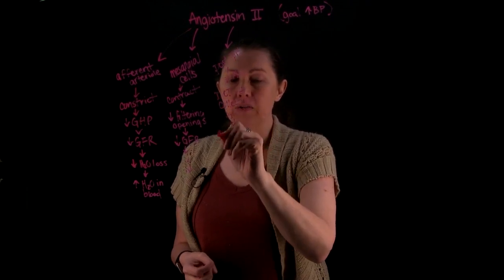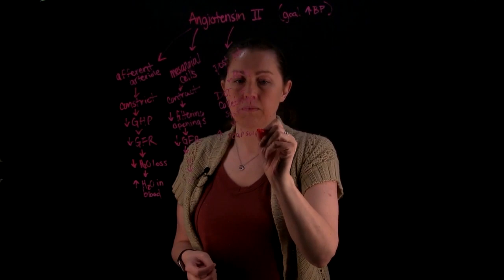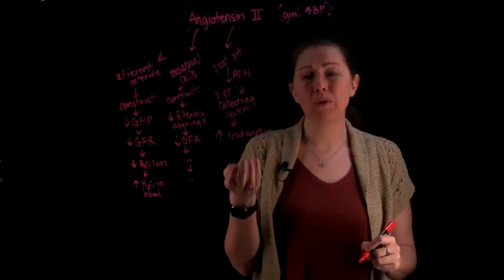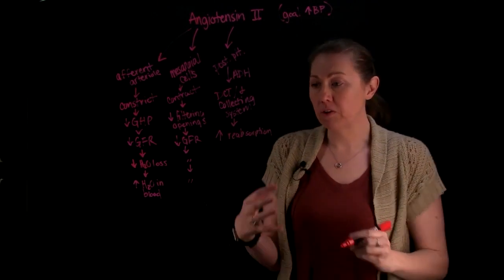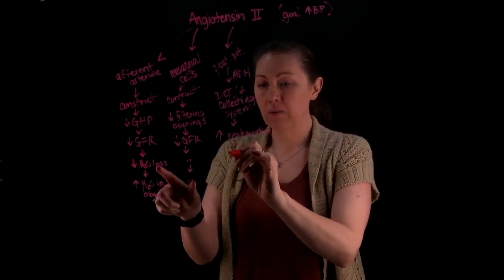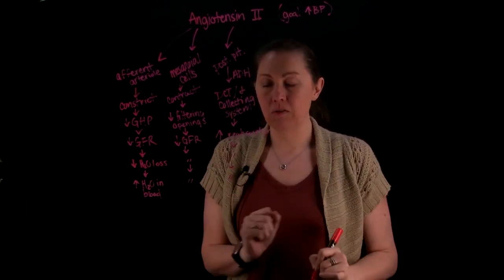Job there, increase reabsorption. You're putting pores in for water and telling your body, no, we do need to keep this, don't lose it as part of your urine. So again, we are decreasing water loss, which increases the amount of water in blood.